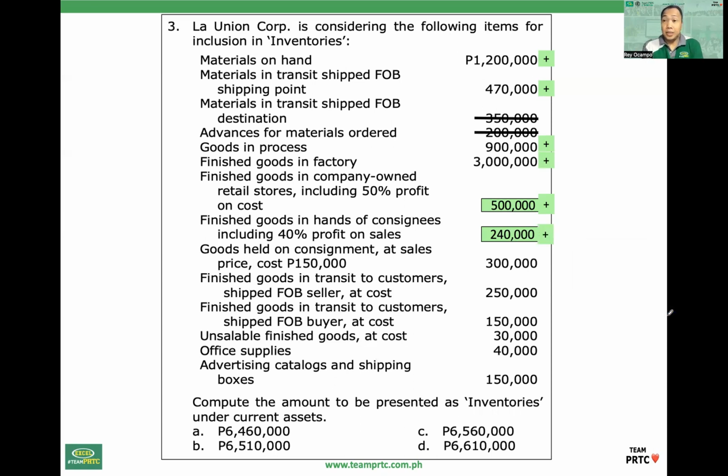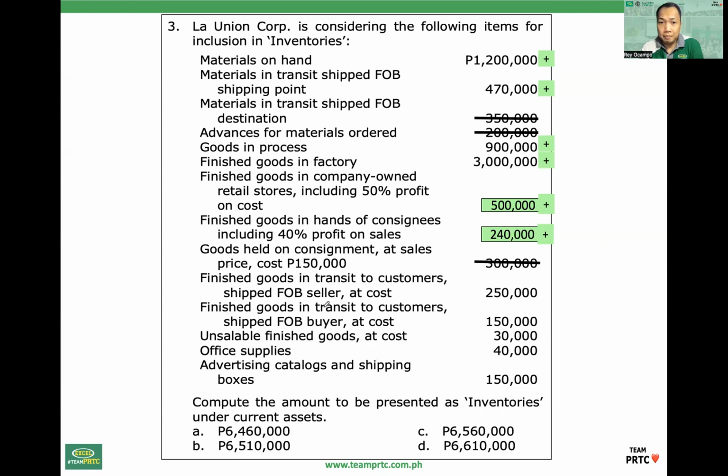Okay. Goods held on consignment. The entity is the consignee. Exclude. Again, owned, include; not owned, exclude. It is owned by the consignor, not the entity. Okay, finished goods in transit to customer. Again, when in transit, we need to check the terms. This one is FOB seller. What is FOB seller?